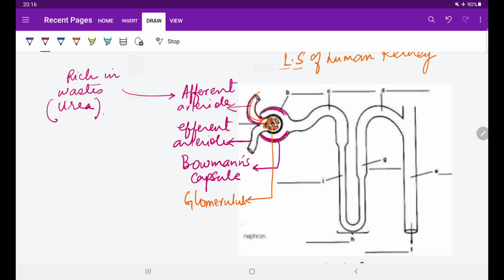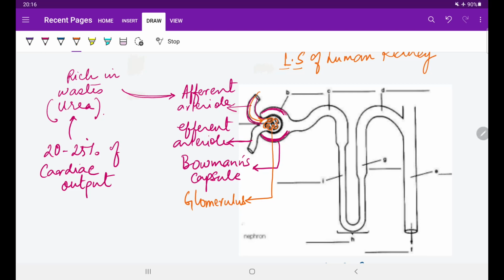Apart from that, 20 to 25% of the cardiac output, meaning the amount of blood pumped out from the heart, is carried by the renal artery, by the afferent arteriole, into the Bowman's capsule. So the blood is under huge pressure when it comes into the glomerulus.